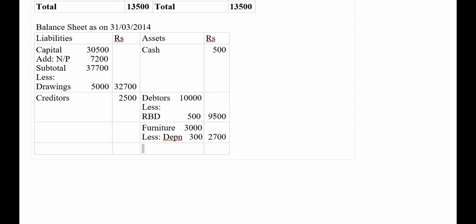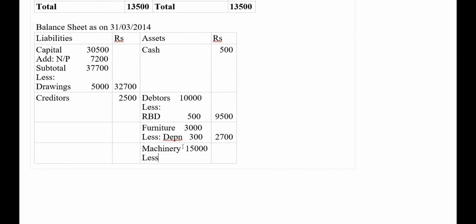Then machinery here it is 15,000 less depreciation 1,500, so 13,500. Then stock 9,000.